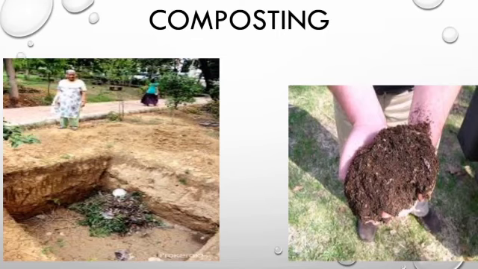Do not add any plastic or polythene articles to the heap. Your leaf compost will be ready in 2 weeks. Use this in your garden to help plants grow better. Yes, this is used as a manure to the plants.